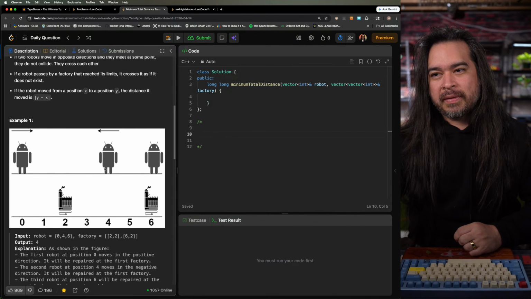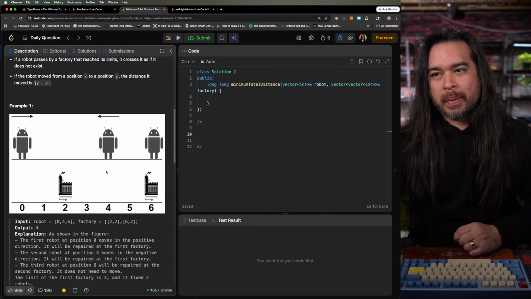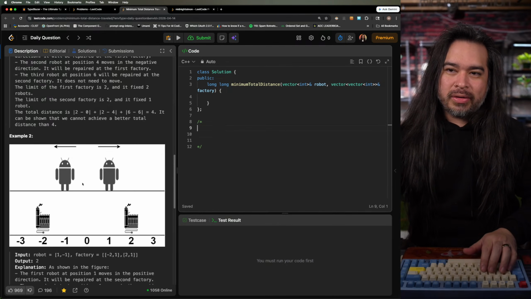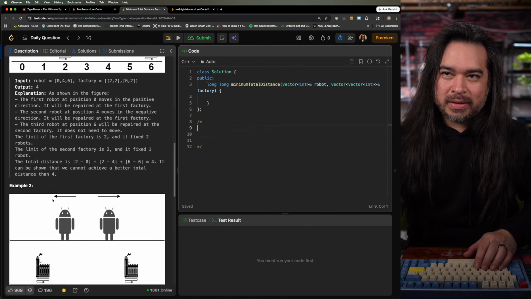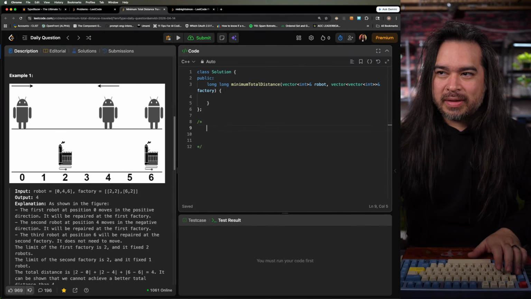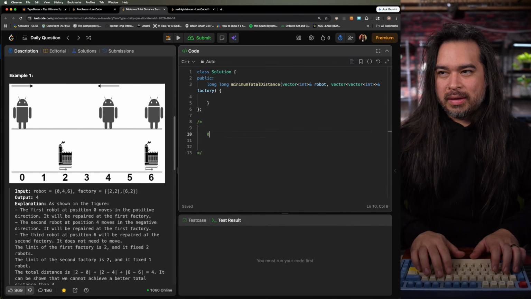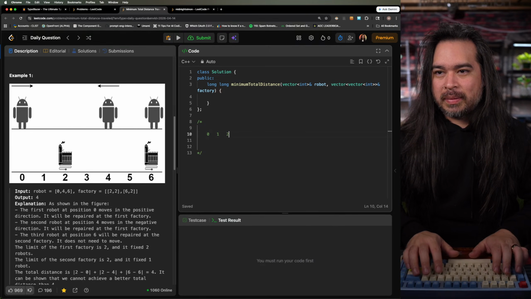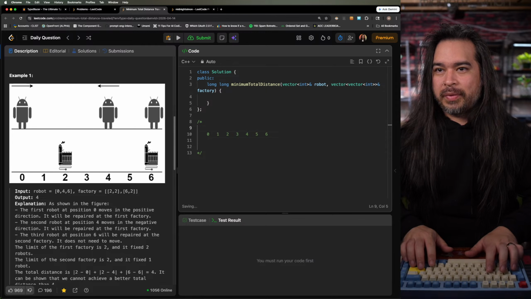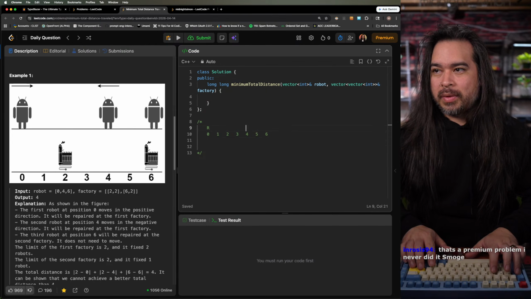All right, if we guess 5. I don't like these test cases because it's hard to see a pattern with the binary search. But let me try and make a new test case. Let's say the same thing. So we have a robot here, a robot here, and a robot here.